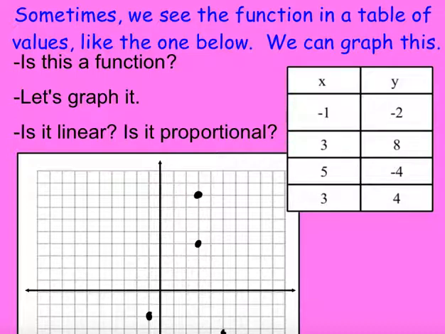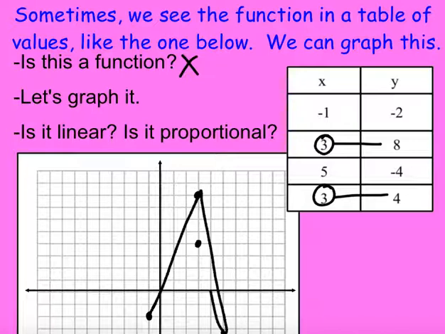And we would say, no, because 3 here goes to 8, but also goes to 4. These two dots right here are on the same x value, but different y values. This is not a function. Is it linear? No, this is definitely not linear. Is it proportional then? No, it is not, because it's definitely not linear, and it does not go through the origin.